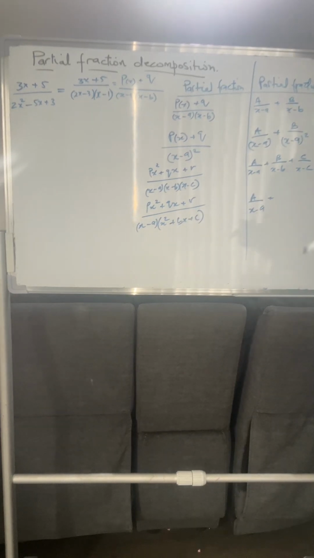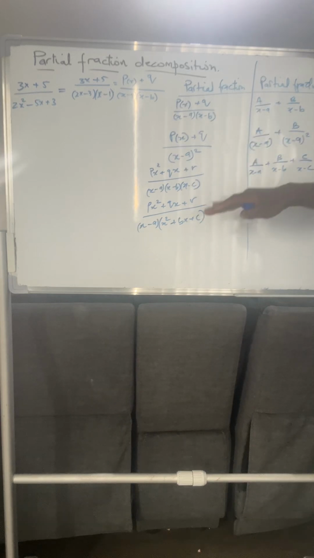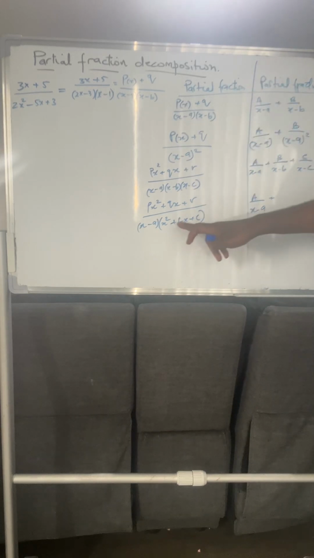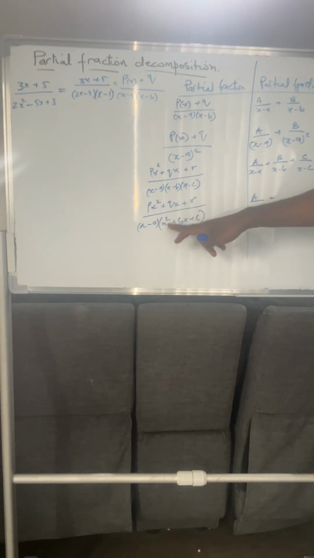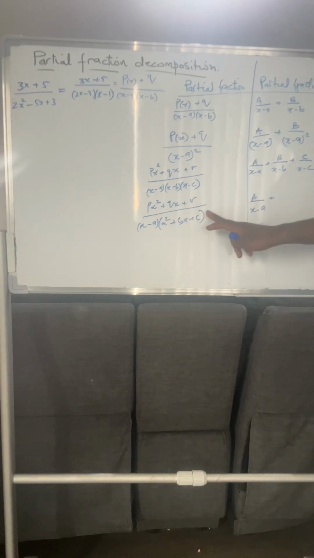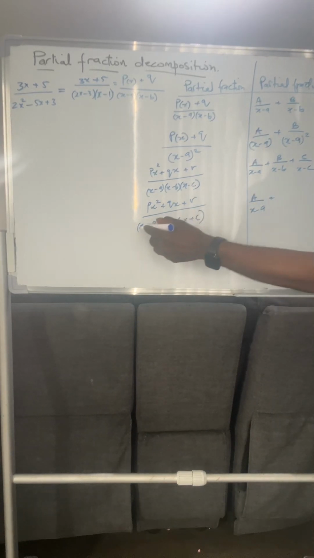The thing about partial fraction decomposition is that the degree of the denominator must always be greater than that of the numerator. I mean the exponents here: x squared should not be greater than what you have here. Here the maximum is x cubed if you multiply this out.